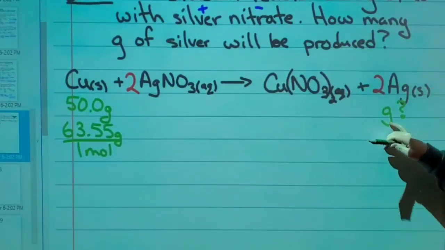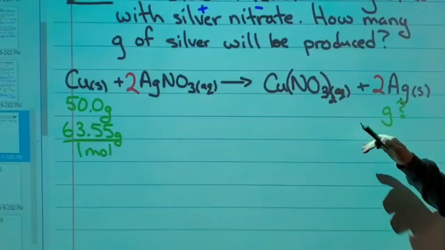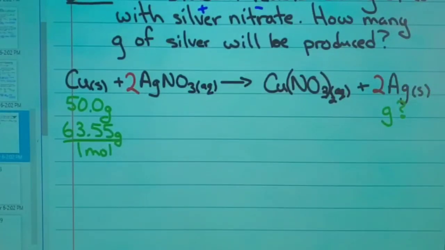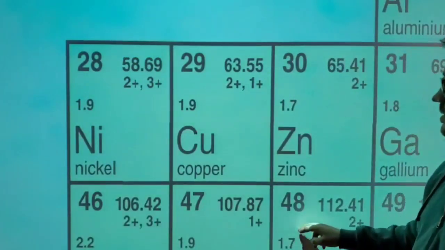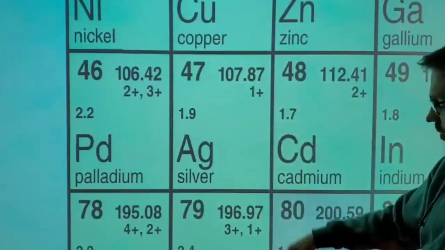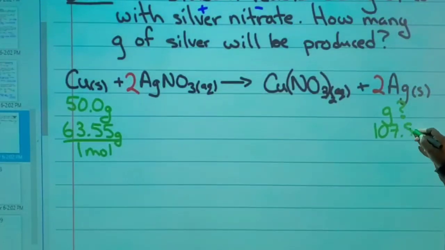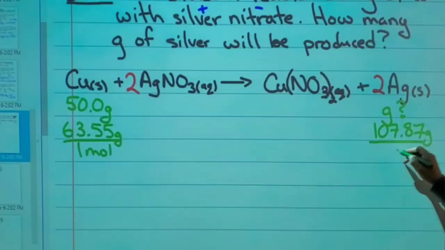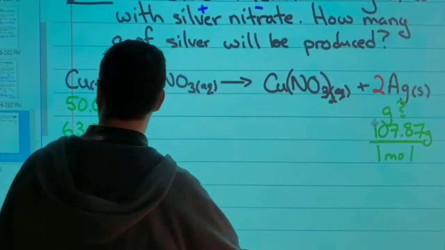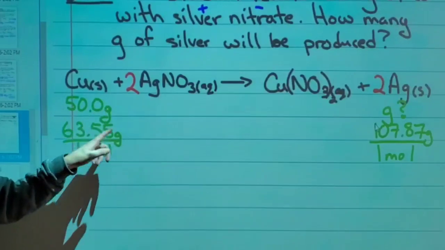Again, whenever you're given grams or you need grams, you need the molar mass. So we take a look at silver, and silver's molar mass is 107.87 grams per 1 mole. Good. So grams and grams cancel.